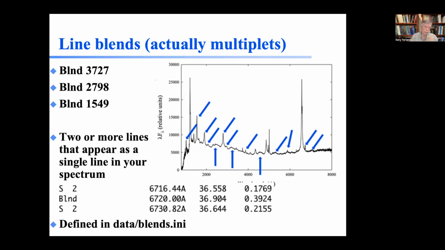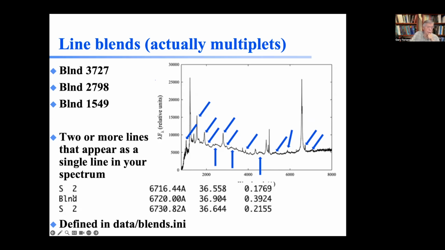Three of the most famous blends you work with in AGN are the O II 3727 line, which is two lines very close to one another, Magnesium II 2798, and Carbon IV 1549. These are pairs of lines that are very close to one another, and it's very unusual to see them resolved as individual lines.